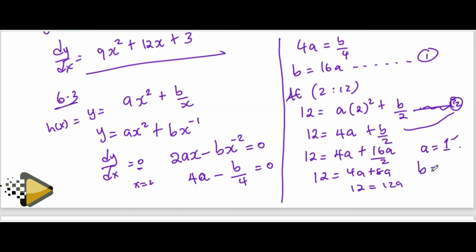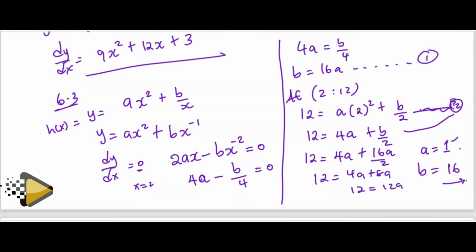Okay, so which means b is going to be 16 times 1, which is a 16. So guys, that's what I get. a is 1 and then b is 16. All right, we move, guys. We move. That was 6.3.